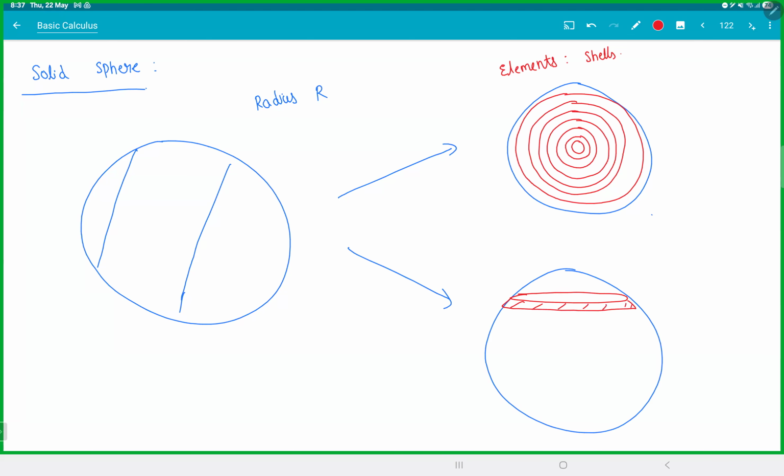You can take thin disks like this. And if you add all these disks, won't you get the full thing? Imagine a watermelon, cut it horizontally. You will get a slice, isn't it? So if you put small disk, big disk, and so on, you can take elements like disks also.